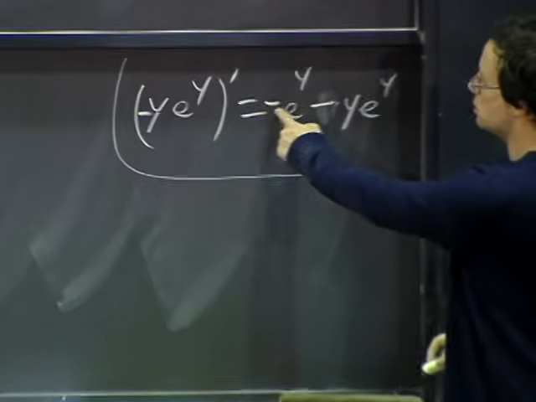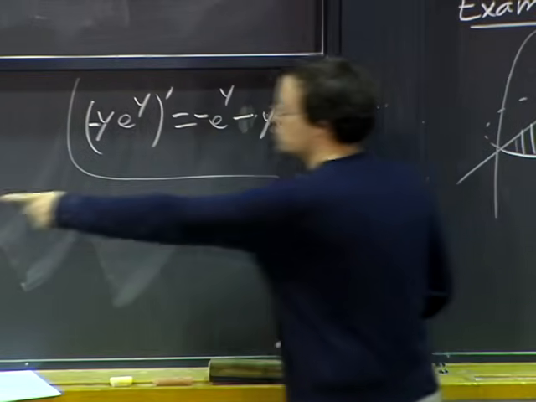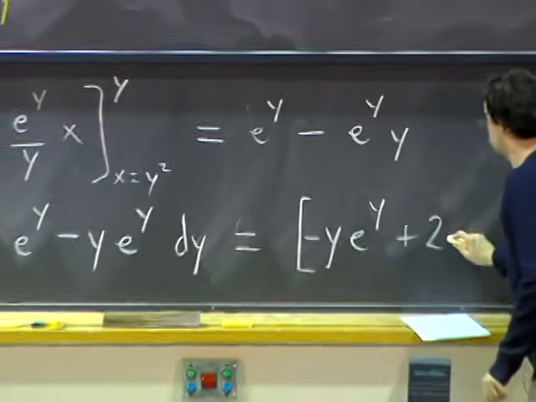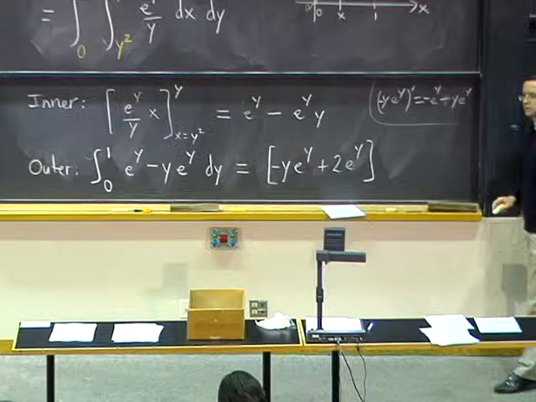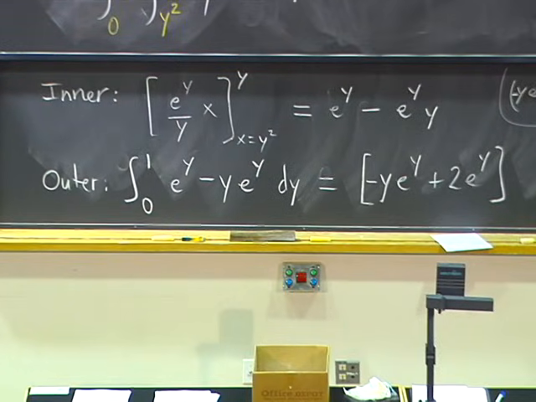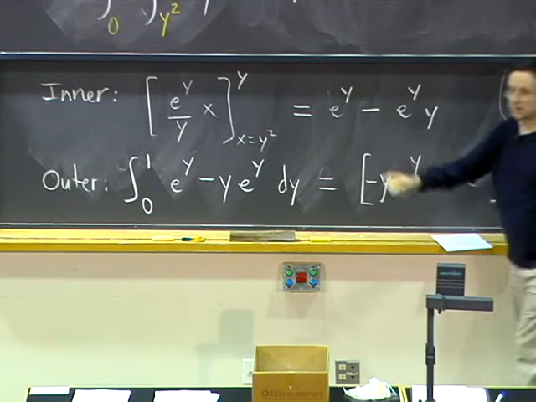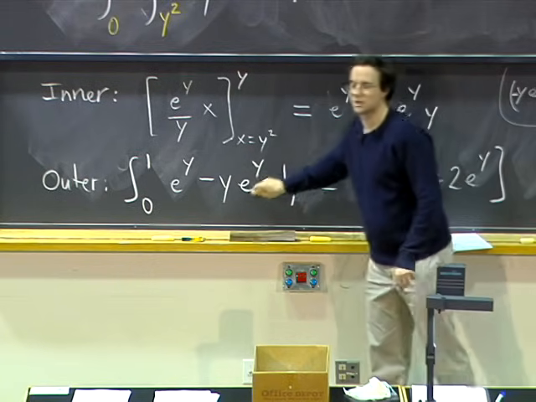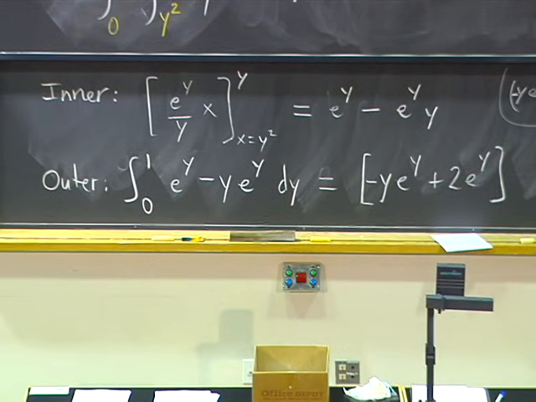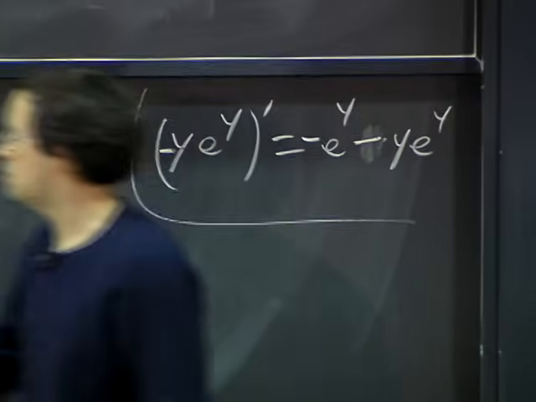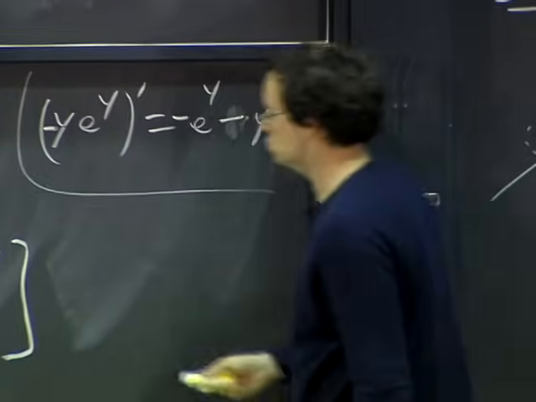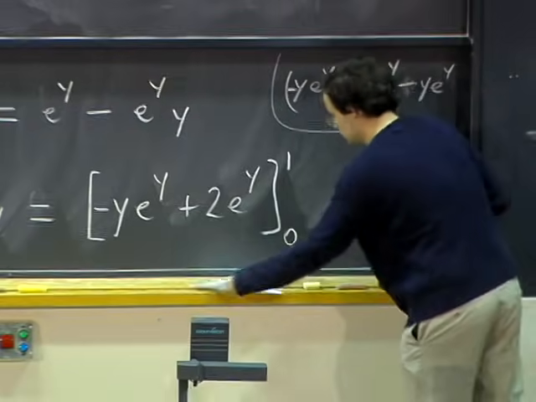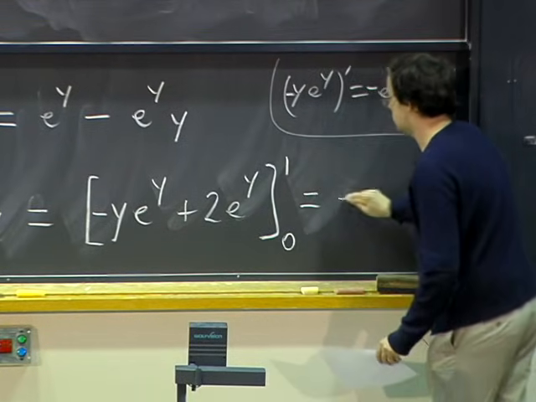That's almost what we want, except we have a minus e to the y instead of a plus e to the y, so we need to add 2 e to the y. And I claim that's the antiderivative. If you got lost, you can also do it by integrating by parts, taking the derivative of y and integrating the other factor. But that works. Your first guess would be minus y e to the y; take the derivative of that, compare, and see what you need to do to fix it. If you take that between 0 and 1, you will eventually get e minus 2.